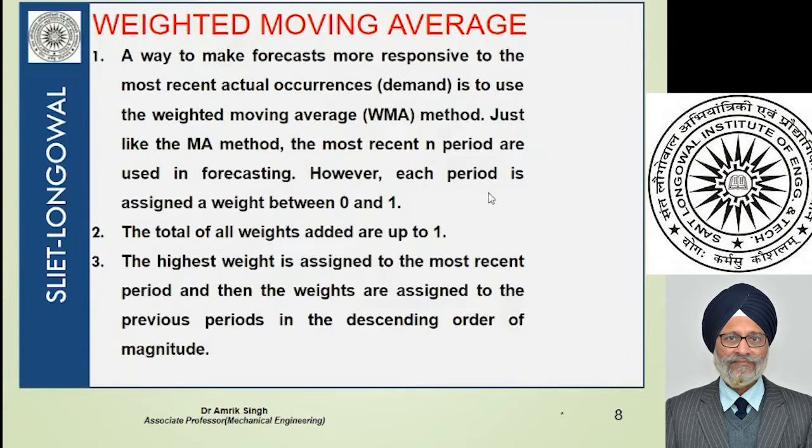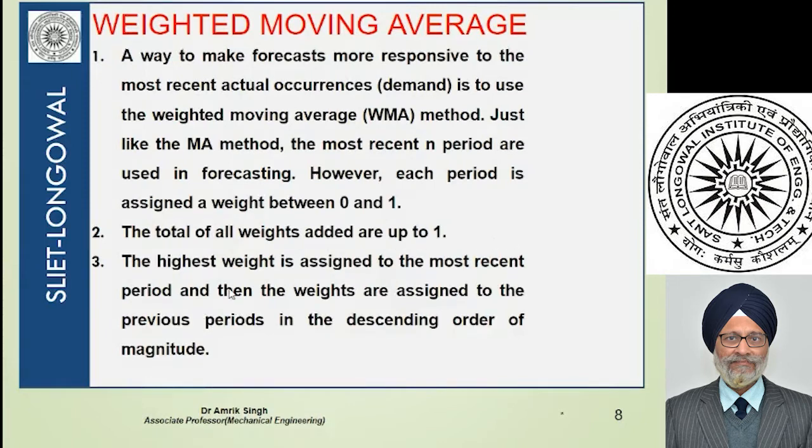However, each period is assigned a weight between 0 and 1. So we'll say for this month the weight is say 0.5, for the last month it was 0.4, and before that it is 0.3, like this. So the total sum of all the weights should not be more than 1.